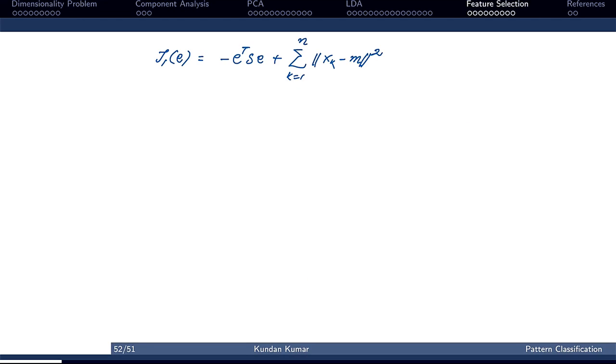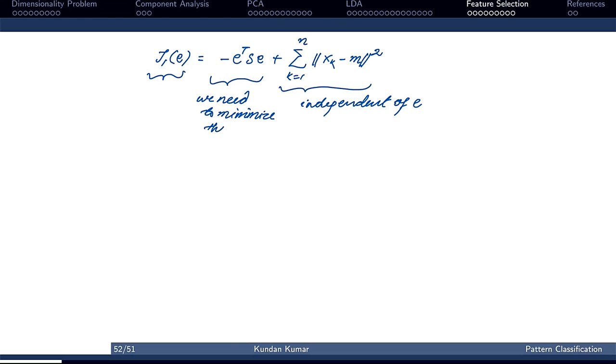Now we have to minimize this cost function with respect to E. Here you can observe that this term is independent of E. So that means we need to minimize this, or we need to maximize E transpose S E, because the negative sign is there.